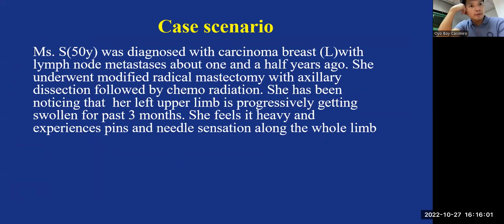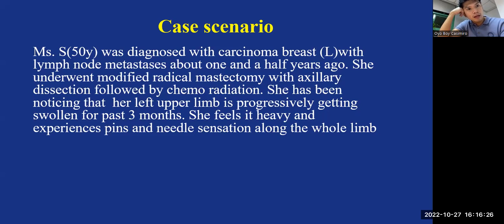Case scenario. Miss S, a 50-year-old female patient, was diagnosed with carcinoma breast with lymph node metastasis about 1.5 years ago. She underwent modified radical mastectomy with axillary dissection followed by chemoradiation. She has been noticing that her left upper limb is progressively getting swollen for the past 3 months.